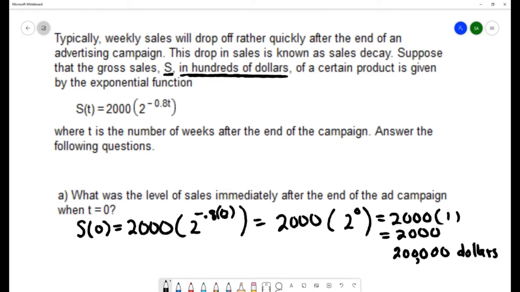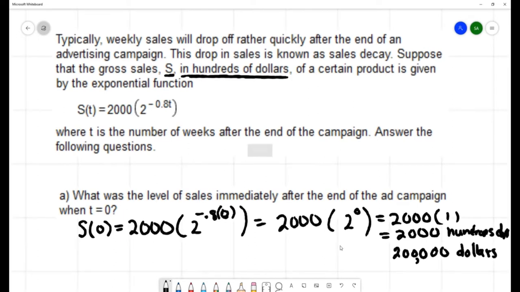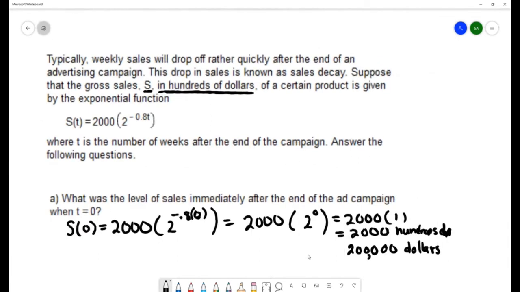Because this is in hundreds of dollars, the actual dollars is 200,000. So in your homework, though, we will type the 2,000. We just have to keep in mind that those units in real dollars are something different.